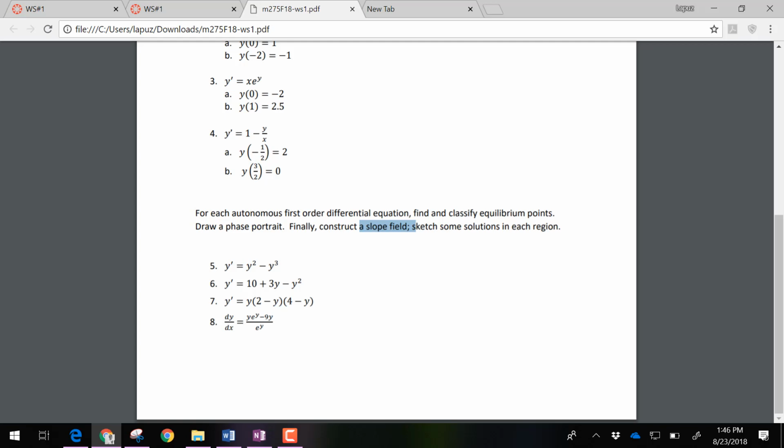You guys know how to take screenshots? PCs are the snipping tool. You have a Mac, Control Shift 4. You have to make sure you submit a PDF.